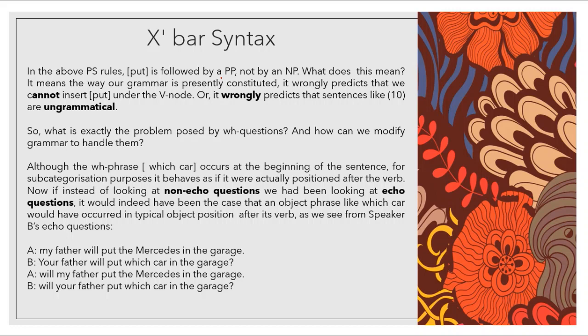What does this mean? It means the way our grammar is presenting constituents, it wrongly predicts that we cannot insert put under the V node, or it wrongly predicts that sentences like 10 are ungrammatical. So either this grammar is wrong, or this whole sentence is ungrammatical.